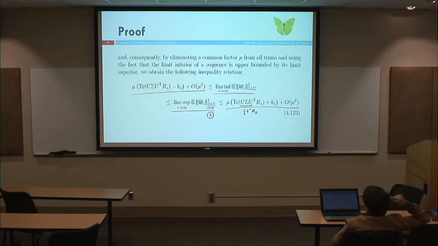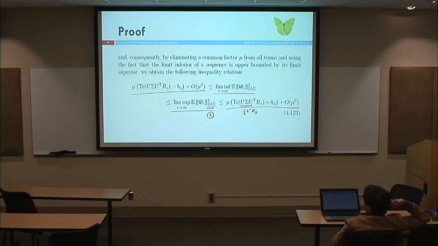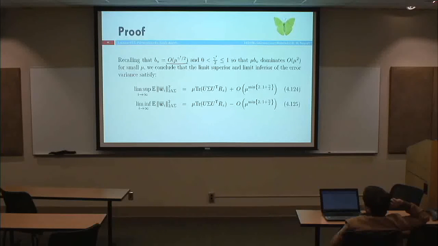Now, how do I get the MSD expression? I'm just reminding you that this B0 here is of the order of mu to the gamma prime, and gamma prime is the min of gamma and 2, and gamma assumes values between 0 and 4.